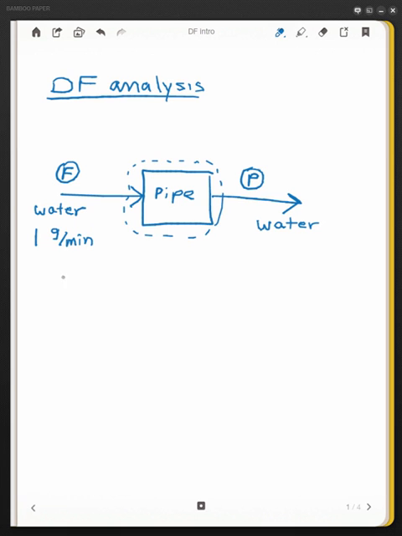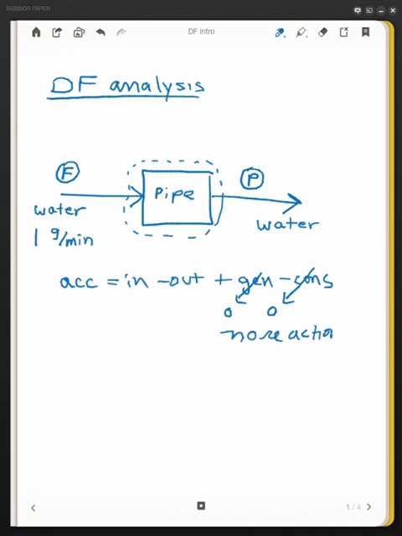Now, first of all, if we go ahead and write the general mass balance equation, we know that these are 0 because there's no reactions. And let's assume it's a steady state. So we have in equals out.